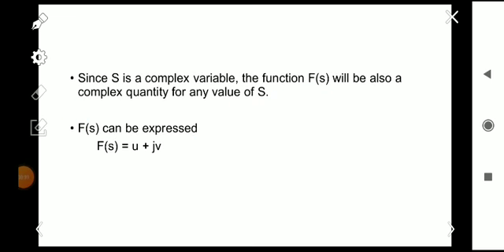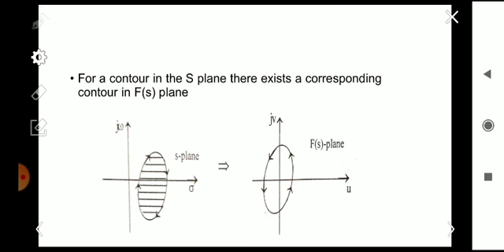Which means for every point in the s plane we will have a corresponding point in the f of s plane. So we can also say that for a contour in the s plane there exists a corresponding contour in the f of s plane.